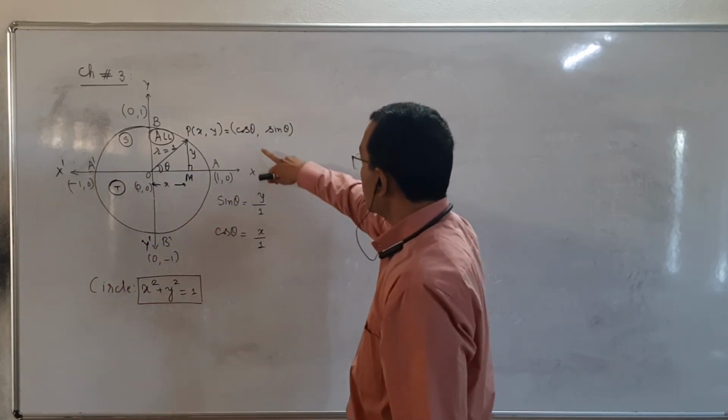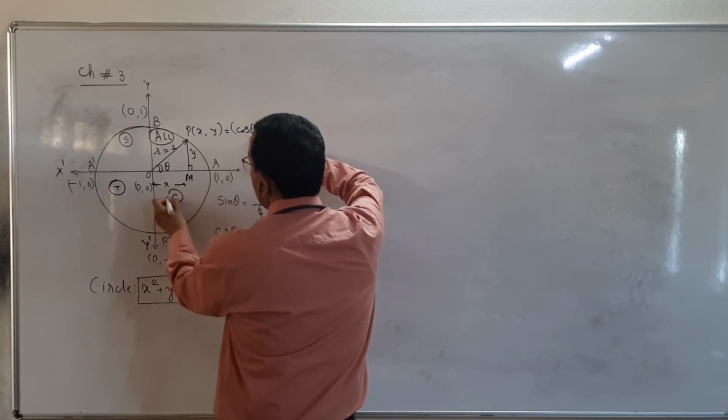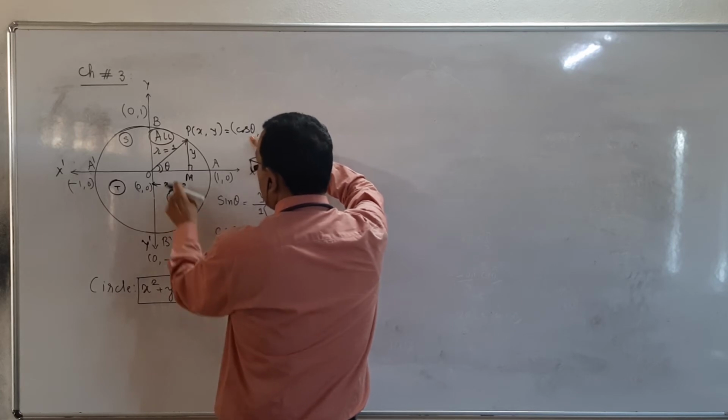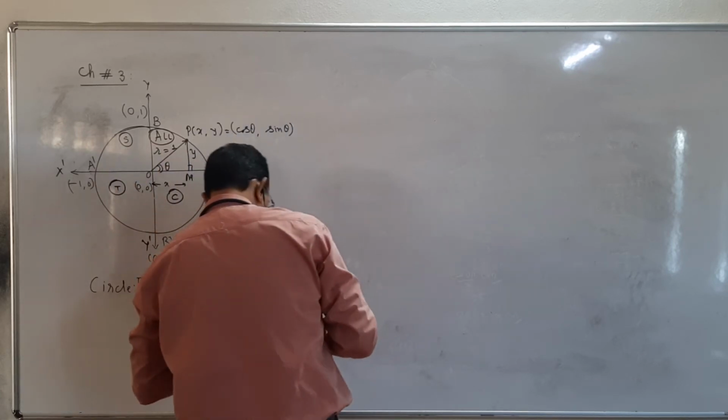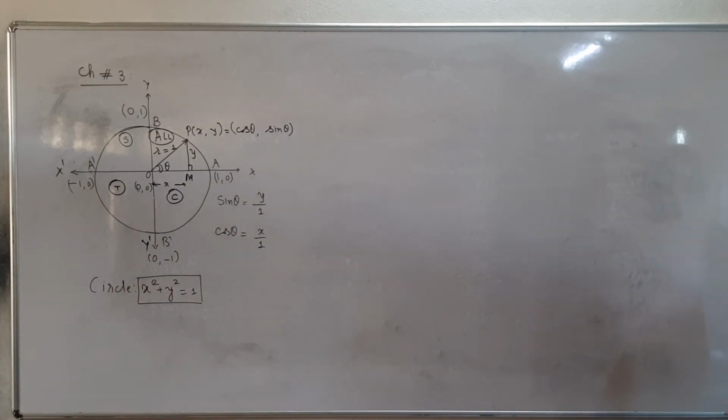In the fourth quadrant, cos theta is positive, x is positive and y is negative. So see, cos and sec both are positive, and this gives the students the All STC rule.